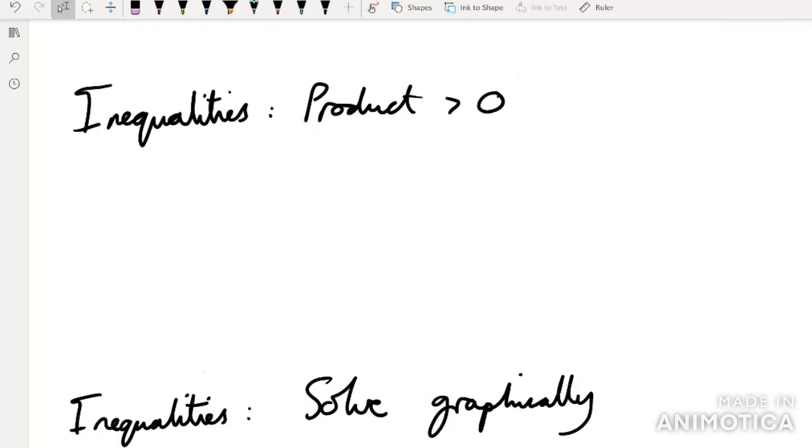Now moving more into the pure inequalities section.